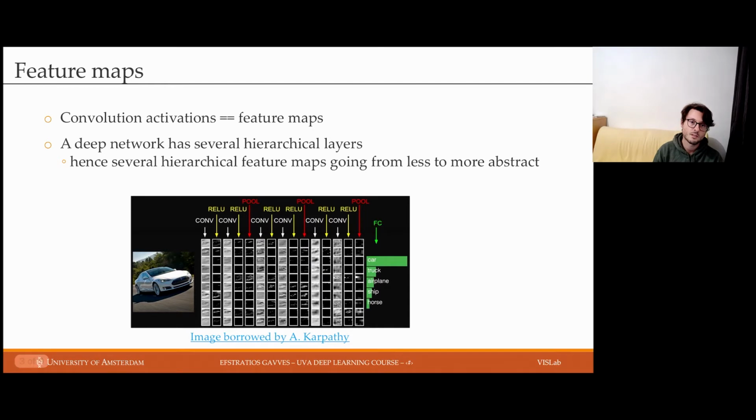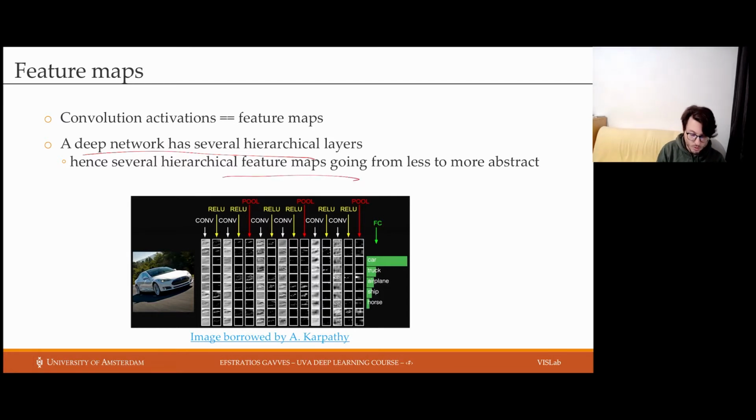So first, let's start with saying that convolutional activations we can also find in the literature as feature maps. So feature maps are just the outputs of convolutions, and a deep network has several hierarchical layers, so several convolutions in a cascade.